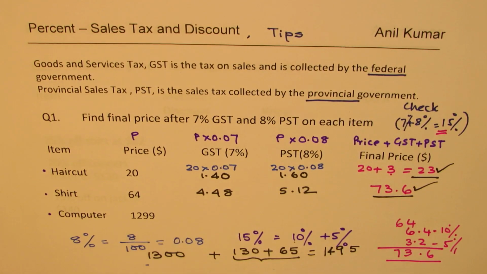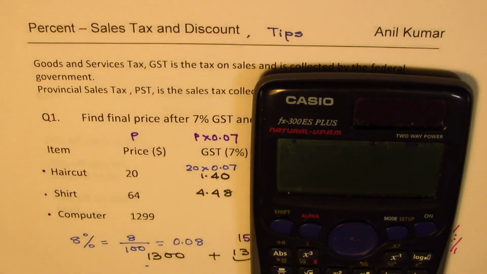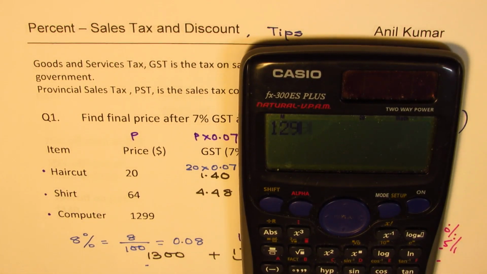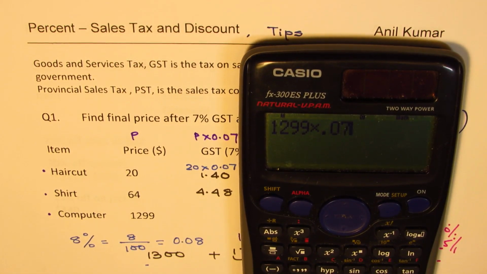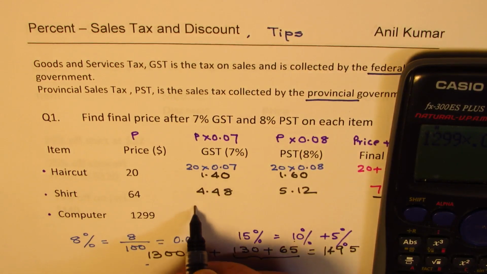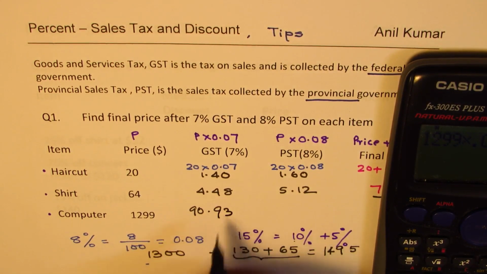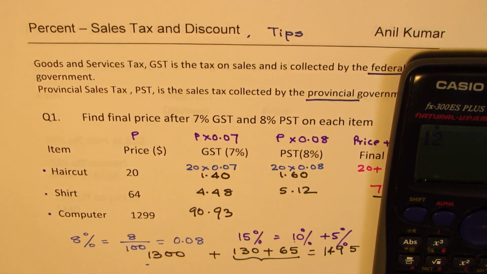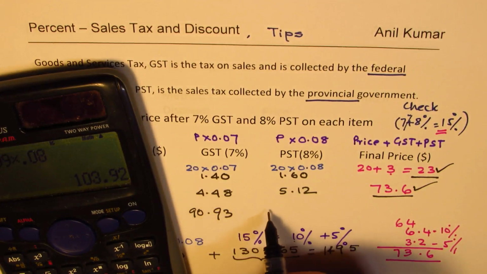Let us calculate and see. Are we close by? Definitely. This is just slightly higher, right? In rounding, that will give us probably the same answer. Okay, let's see. So we get $12.99 times 0.07, which is equal to, in decimals, 90.93. And now we'll do $12.99 times 0.08, and that gives us in decimals 103.92.